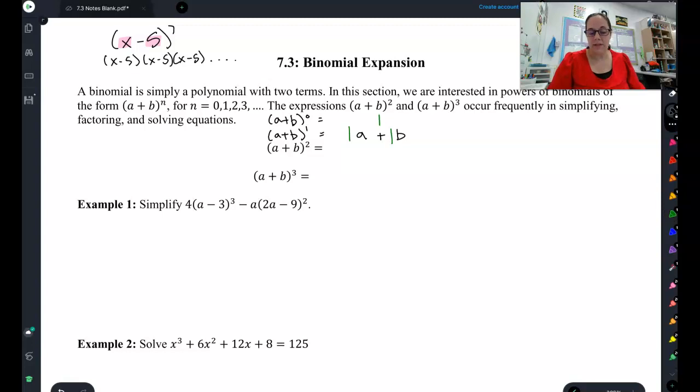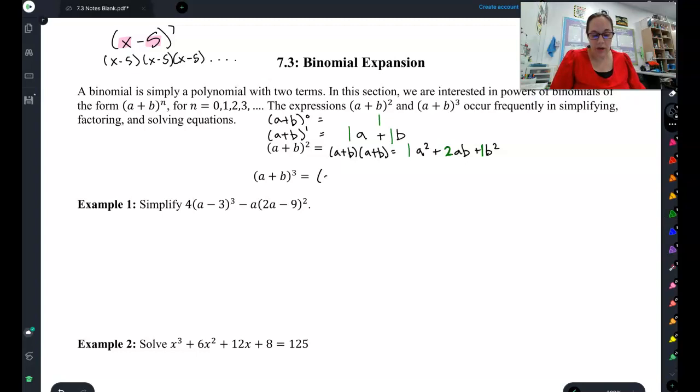Now, if I have a plus b squared, that's a plus b times a plus b, which, when you FOIL all that out, you're going to get a squared plus 2ab plus b squared. And once again, I'm going to highlight the numbers that we're dealing with for today.